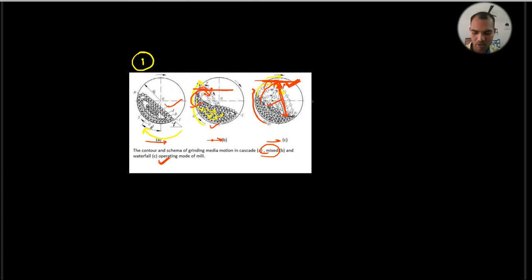Now what will happen? Here it is not mentioned. What will happen when we increase the speed further and further? Any guess? The balls will not fall.